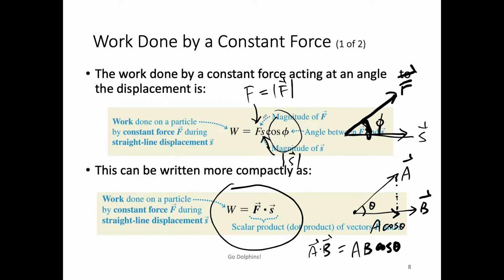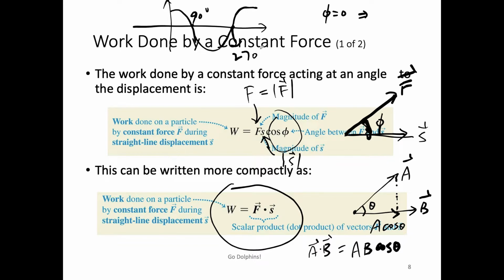So what will be the range? When phi is 0, cosine phi is 1, which is positive. If we draw the cosine function, we have 1, and this is 0 when it's 90 degrees. This is 270 degrees.